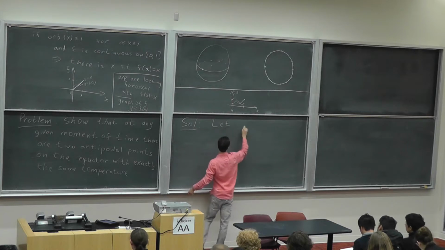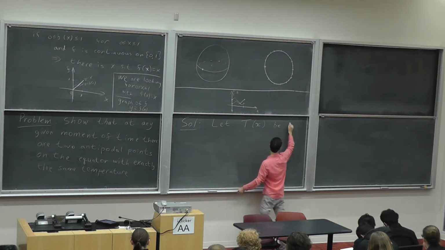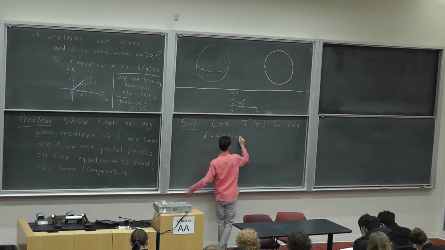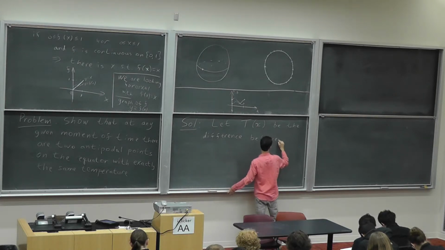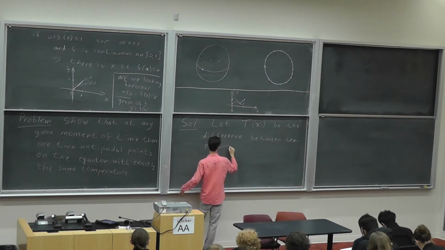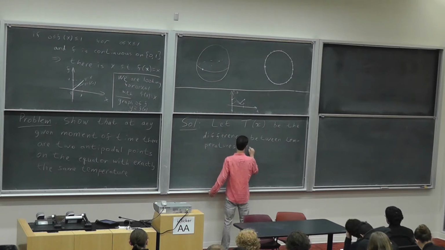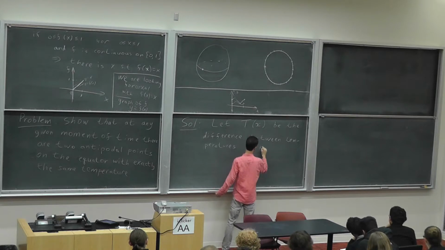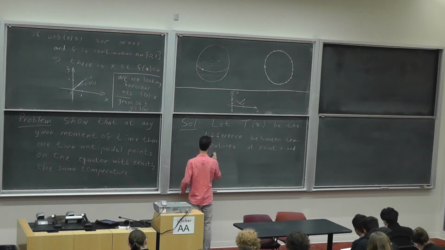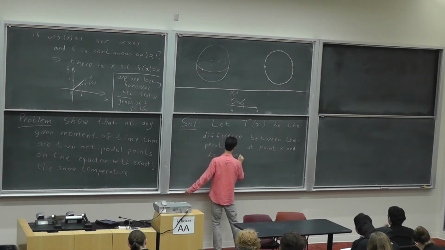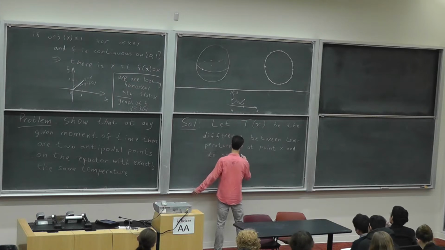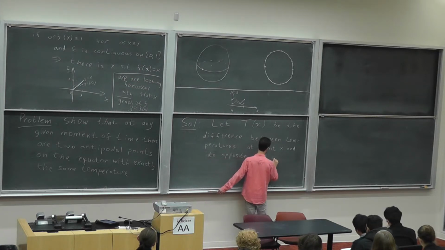So let T of x be the difference between temperatures at point x and its opposite point on the equator.